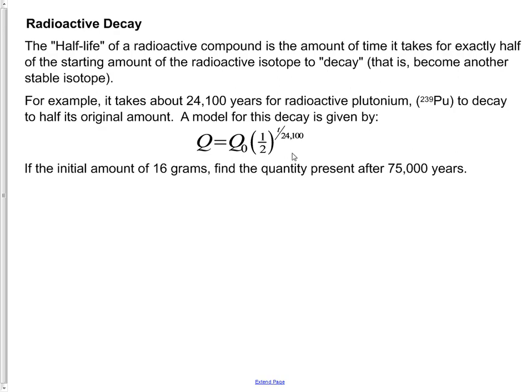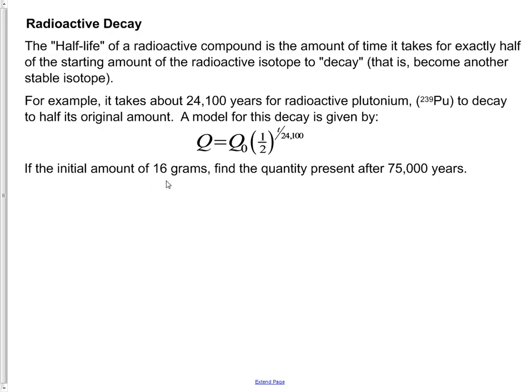It goes like this: Q0, whatever the initial amount is, times the base 1/2 raised to the T divided by 24,100 is going to give us half the initial amount. Well, you can see how this works, right? Because if we were to put in T equals 24,100, we would find the amount would be half of what we originally started with.